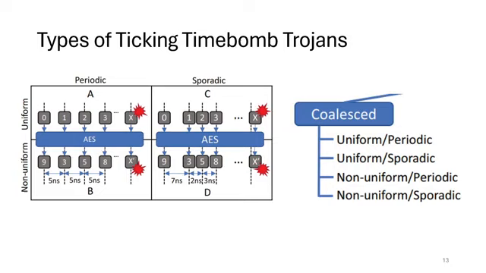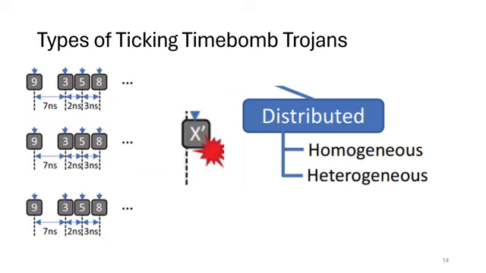Amongst these, there are individual systems, so they call these coalesced, where the one state-saving component is the whole system, and then the differences here are how often the incrementation happens and by what increment the counter is increased, and these determine the uniformity and the periodicity of the coalesced time bomb Trojan.